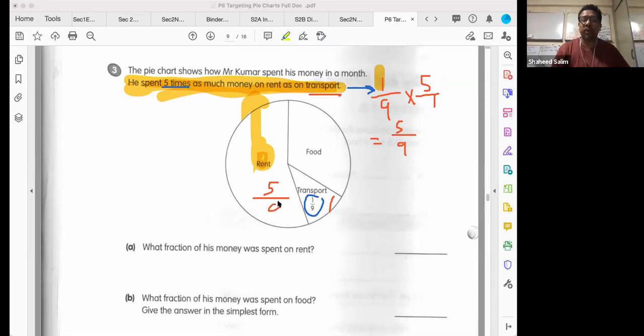You only got 1.5 hours a week. So this is 1 over 9. This is 5 over 9. How many ninths is this? The total is 9 over 9. 9 over 9 minus 1 is 8. 8 minus 5 is 3 over 9, but they want you to write in simplest form. So you divide by 3. Yes, 1 over 3. So the answer is 5 over 9 here, 1 over 3 here.